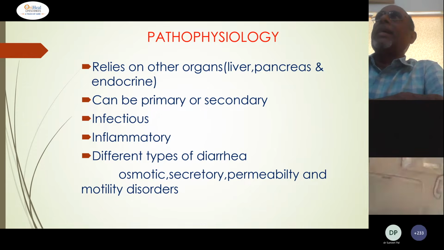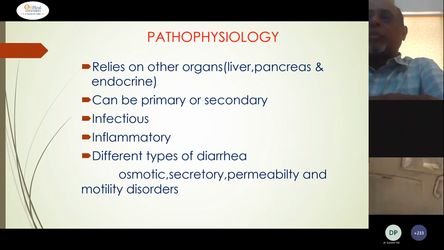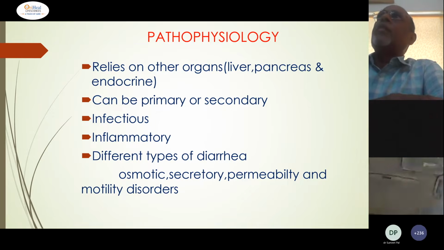Osmotic diarrhea is where there is some non-digestible carbohydrate in the intestine, which draws fluid. Secretory diarrhea is where the intestinal cells start secreting in response to endotoxins. Then permeability: whenever there is inflammation, there can be problems of permeability of the mucosa.